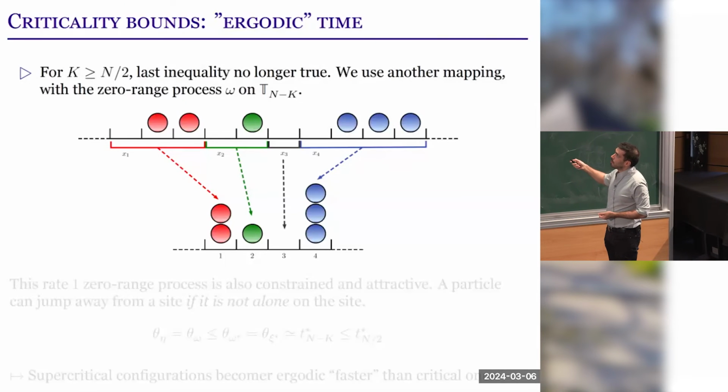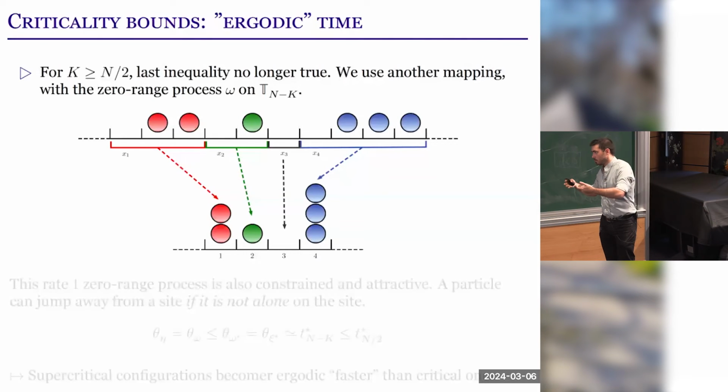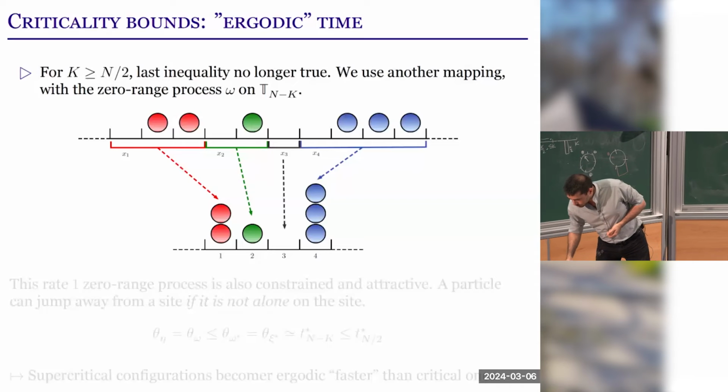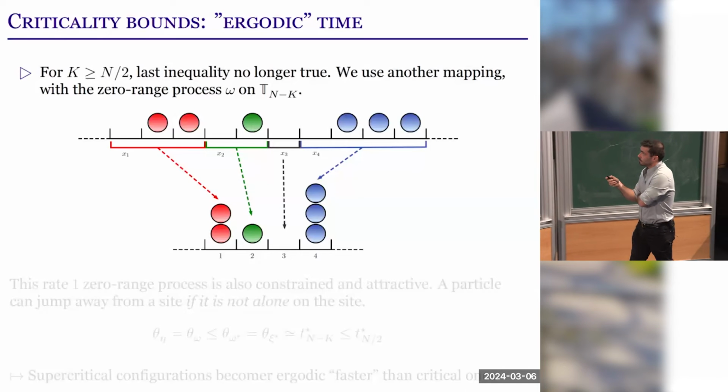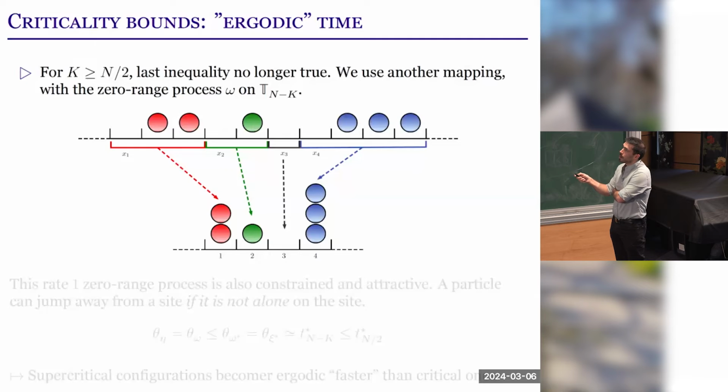And actually, the other way around this is just using another mapping that essentially uses the opposite. Instead of building traps on particles, you build sites on empty sites. I think I'm not going to get too much into it. Oh, yeah, I have a little bit of time still. Okay, so to treat the supercritical case, we use another mapping.